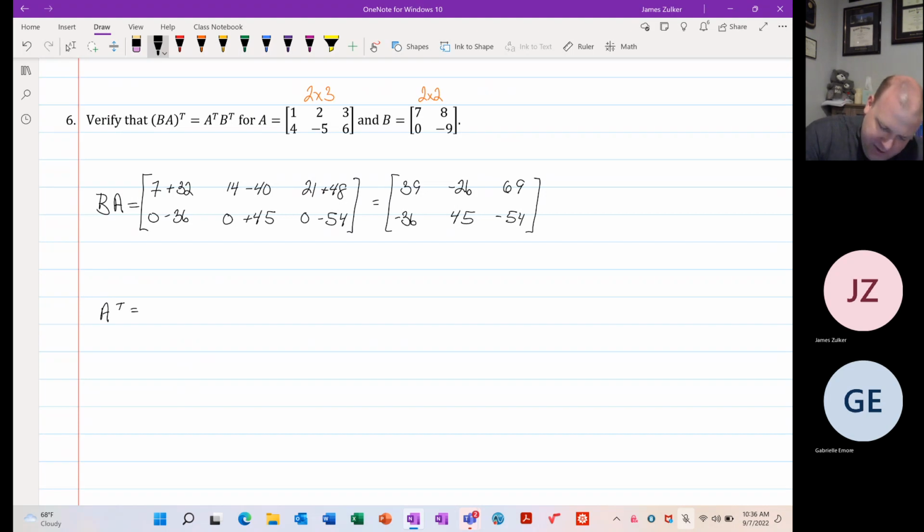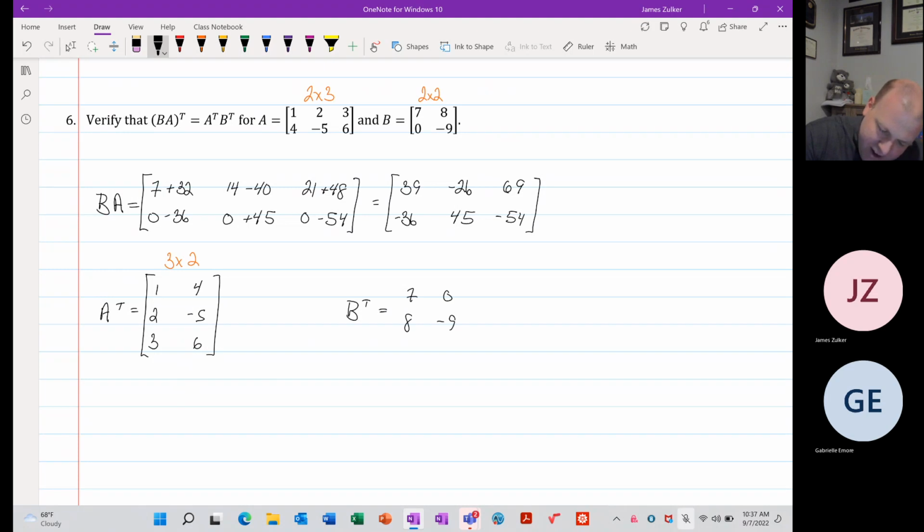A transpose. Right, first column of A will be 1, 2, 3. It's the first row of A. Second column will be 4, negative 5, 6. And again, that's the second row of A. That is now a 3 by 2. B transpose, the first column will be 7, 8.